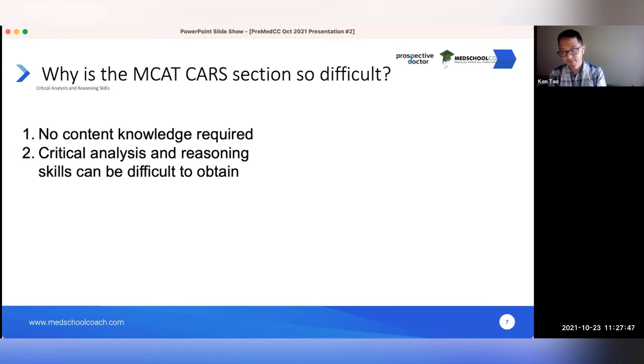If the author chooses to use a word such as obviously, that means the author thinks whatever comes after that word is so obvious to everyone that there's no need to explain it. It's these kinds of word choices that a lot of pre-med students who are strong in the sciences don't really think about, so they struggle a lot with the CARS section.